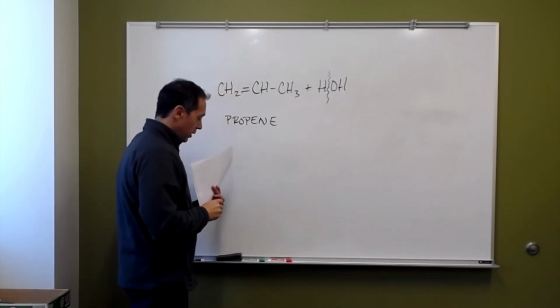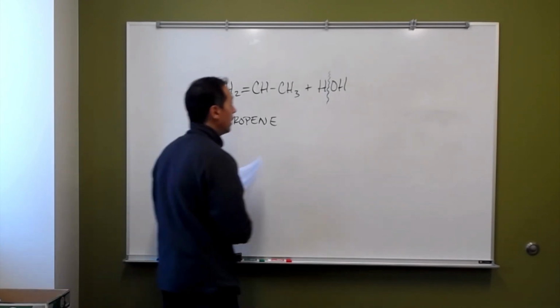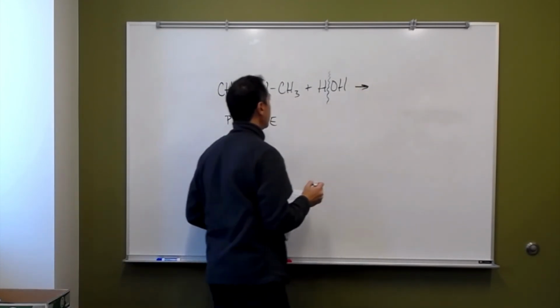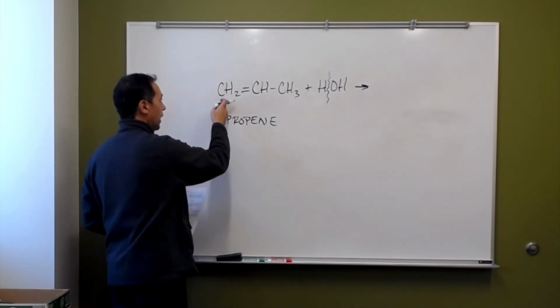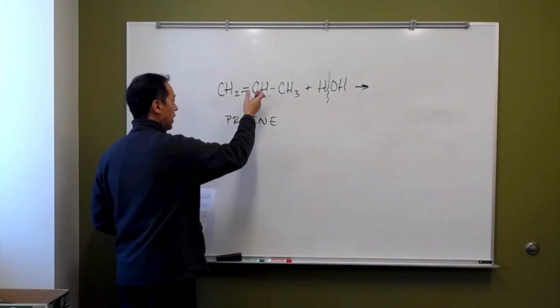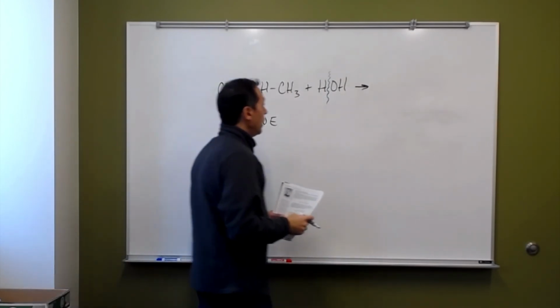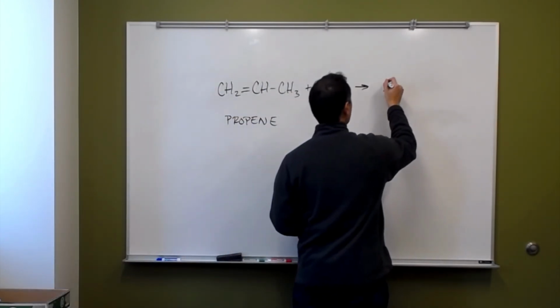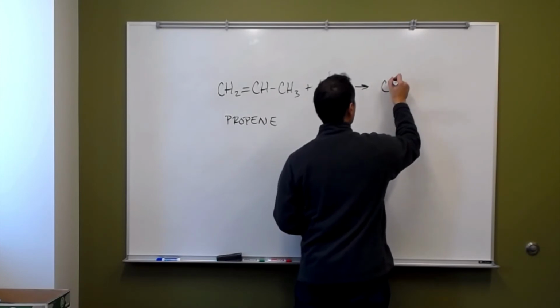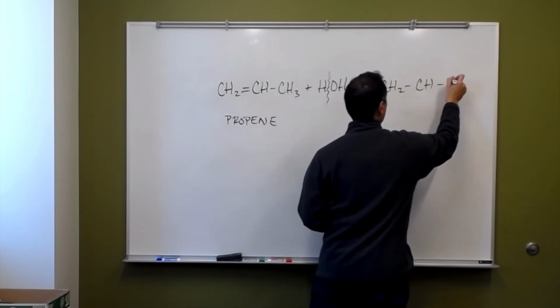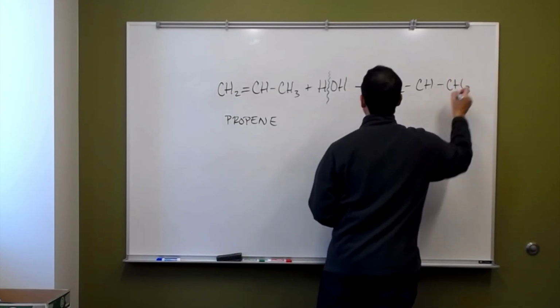So that's going to give us a product that looks like this, where we add a hydrogen and a hydroxide onto this molecule. So, for example, here we have CH2, CH, and CH3, like this.